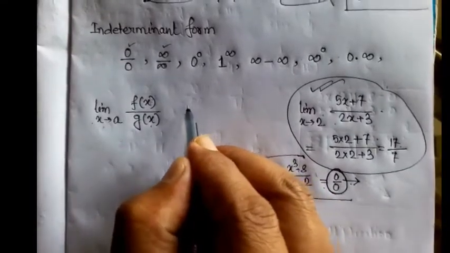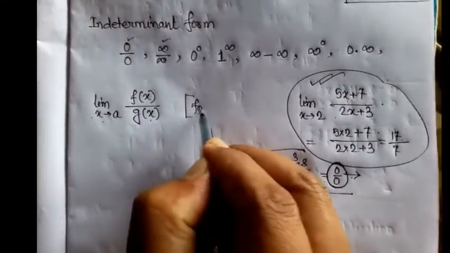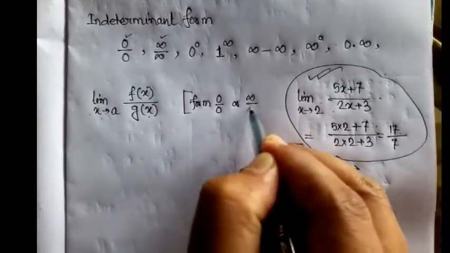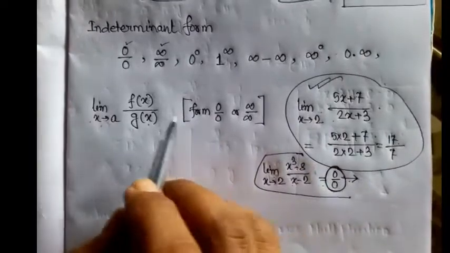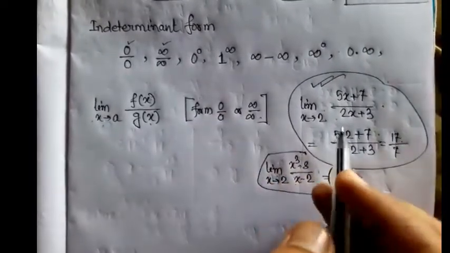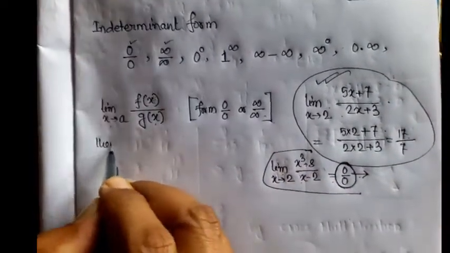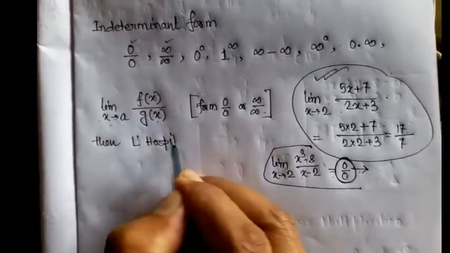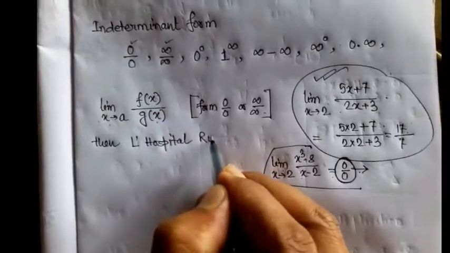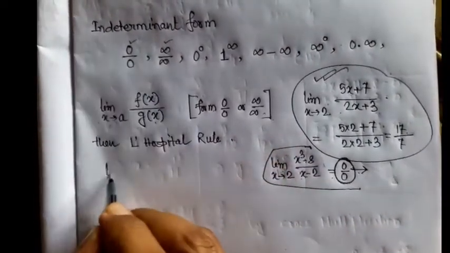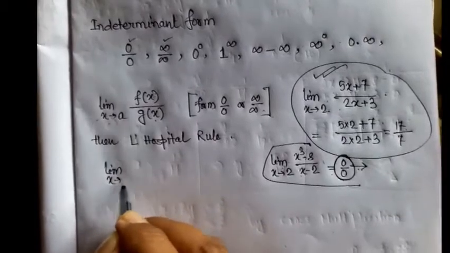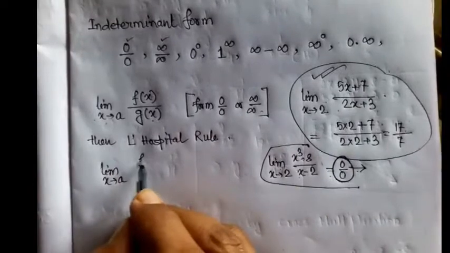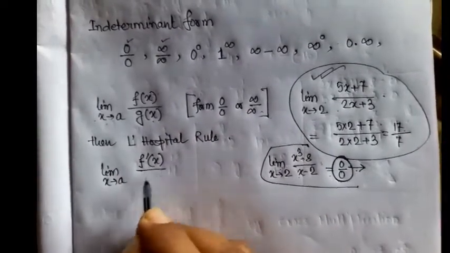If we get the form 0 by 0 or infinity by infinity, then by L'Hospital rule, how do we solve this problem? We will solve it by keeping the limit x tends to a unchanged, and just considering the derivative of the numerator and the derivative of the denominator. That means f dash x by g dash x.